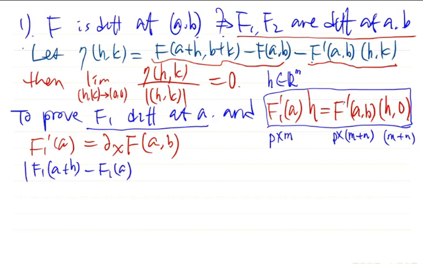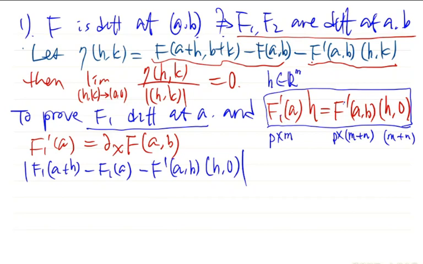This is the increment caused by h for f1. Then minus the anticipated derivative, that is the derivative of F at (a, b) acting on (h, 0). We estimate this.